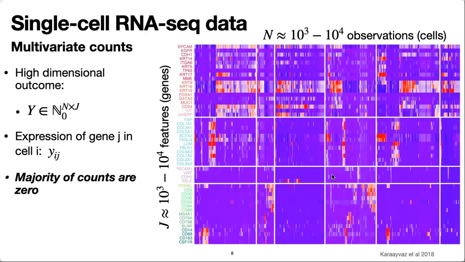Another thing to note is that individual observations may have globally higher expression levels across all the genes, and some genes have globally high expression levels across all observations. So you can already see some structure in this very raw presentation of the data. And of course, the majority of entries in our data matrix are actually just zero.